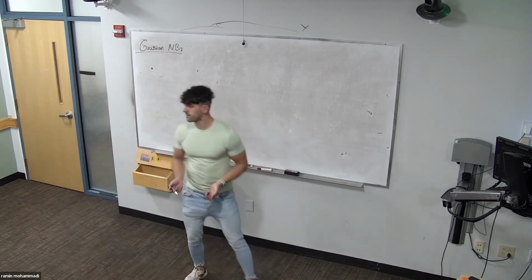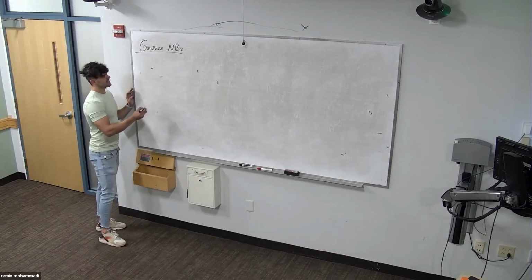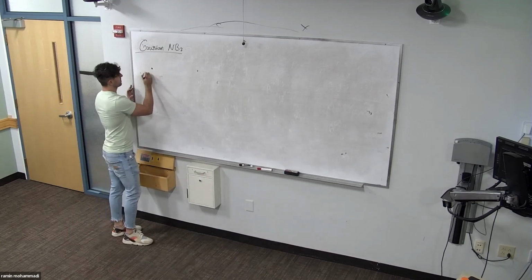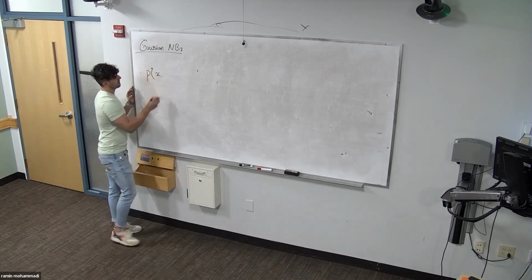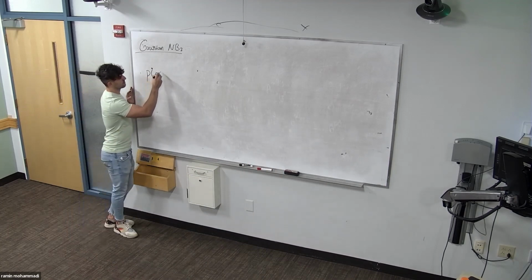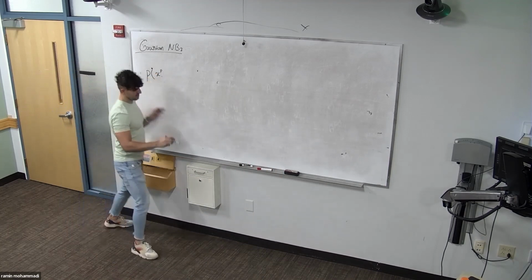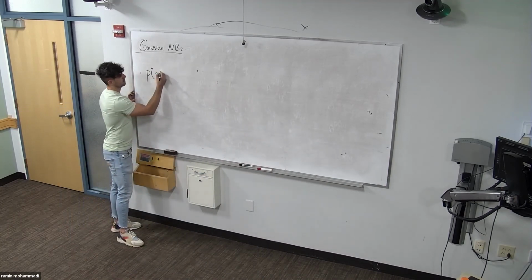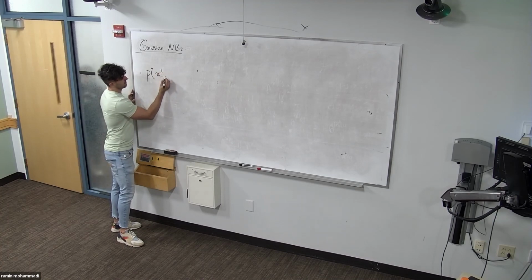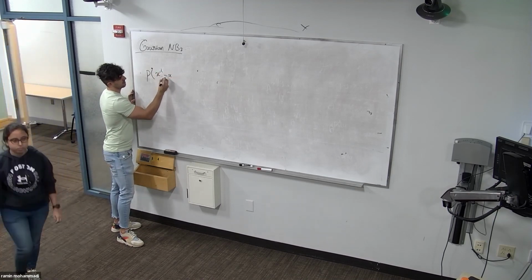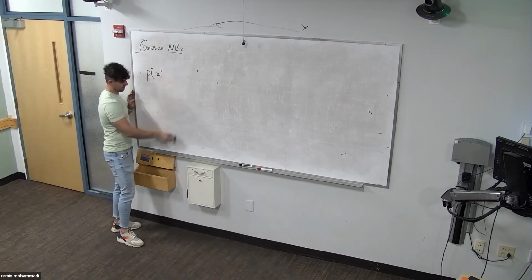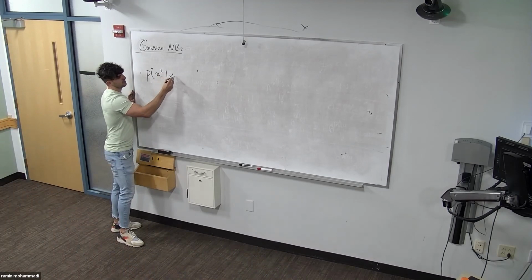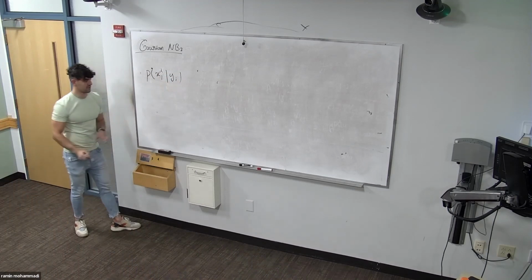Okay, so now the scenario is that we are saying the probability of dimension d given y, yi, in the general form.